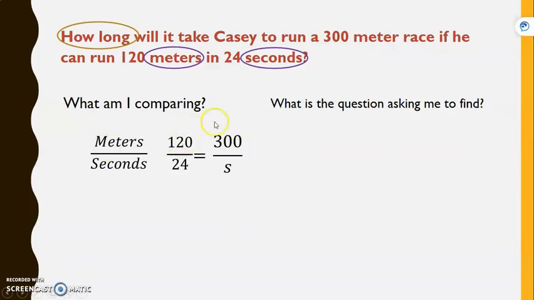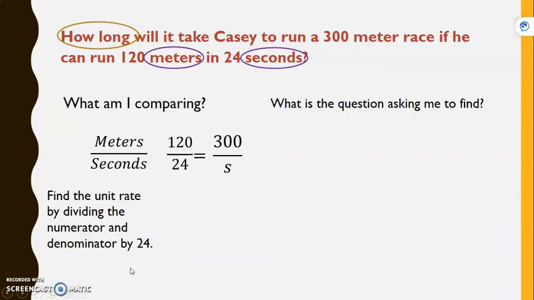Now I do not know what I can multiply 120 by to get to 300. So I'm going to have to simplify. And this one's a little tricky to figure out what to simplify by. So this time what I'm going to do is find a unit rate. And that's to find the value of 1. So I'm going to figure out how far he can go in 1 second. To do that, I divide the numerator and the denominator both by 24.